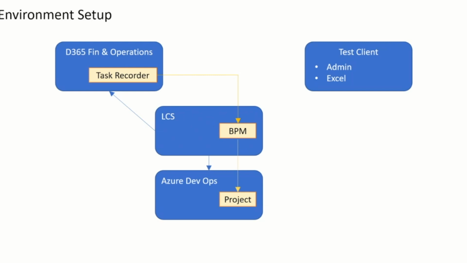Due to the fact that we have set up the synchronization between LCS and Azure DevOps, the test cases will be synchronized to our Azure DevOps project library. Of course, Dynamics 365 Finance and Operations can also access the BPM just for reading the task recordings, which is also happening when we are setting up the help system.